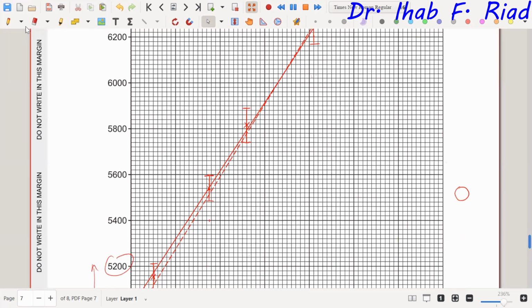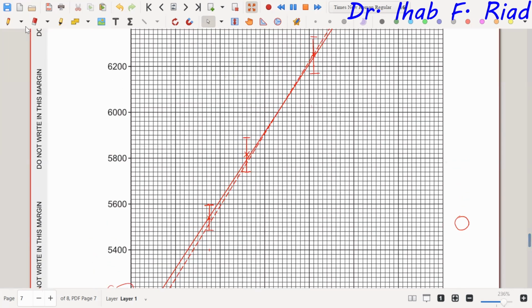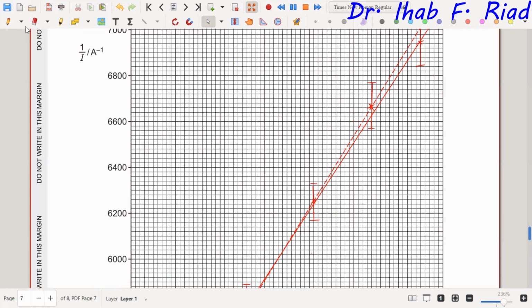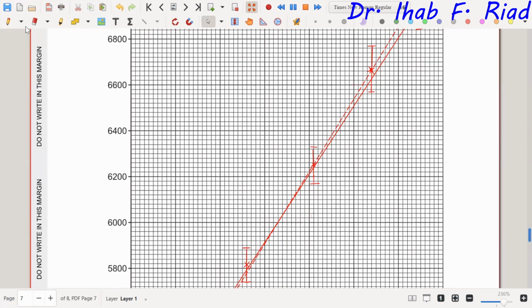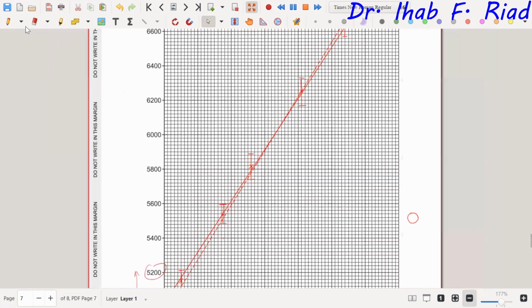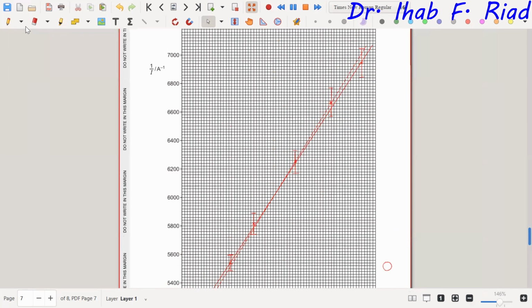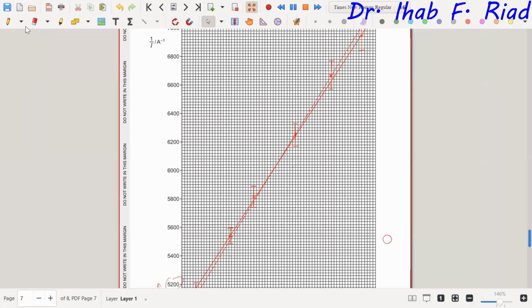So we draw two squares, or right angle triangles. Draw them. Okay. We make two right angle triangles. Yes.